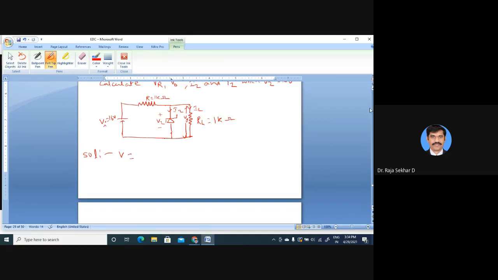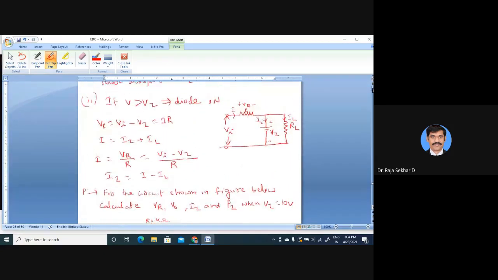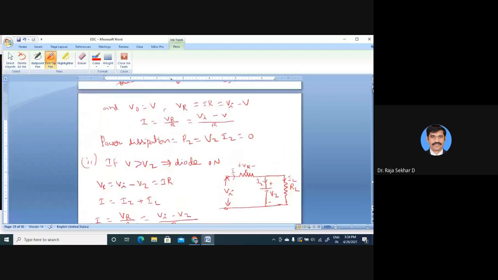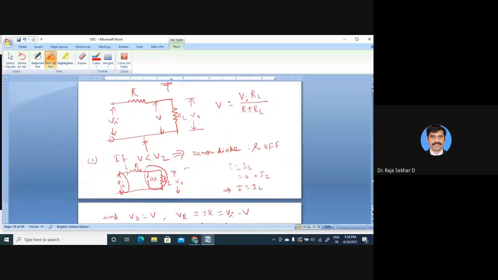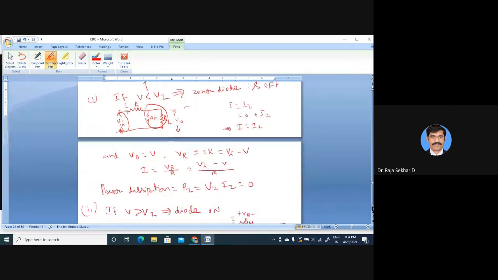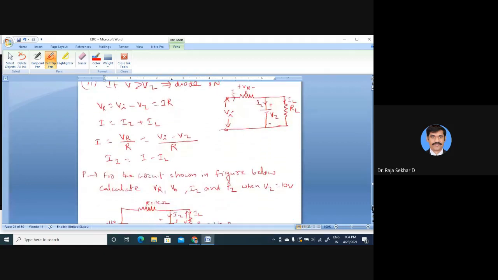So, what is V? We already calculated V. Here we have calculated V: V is Vi into RL divided by R plus RL, using the voltage division rule. That is the voltage across the Zener diode.